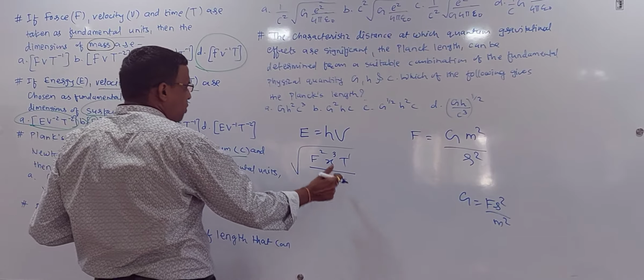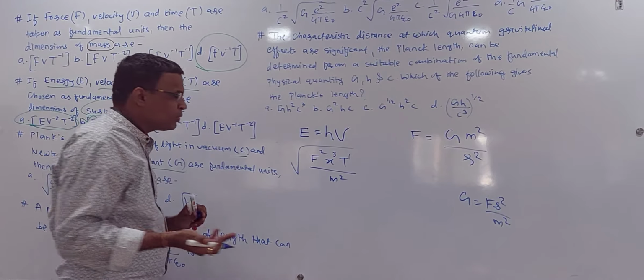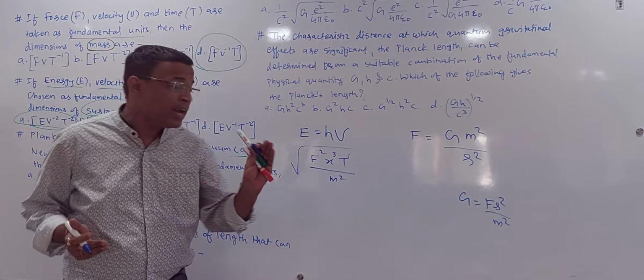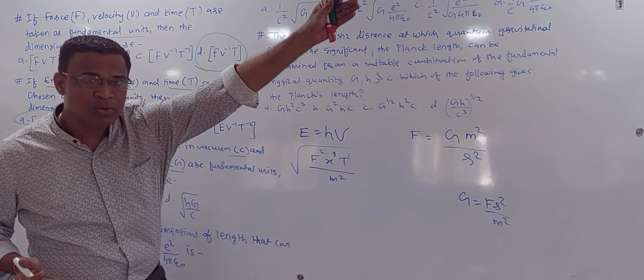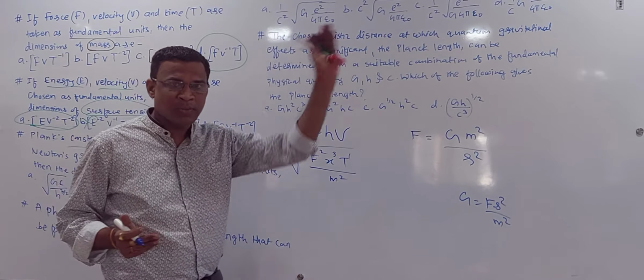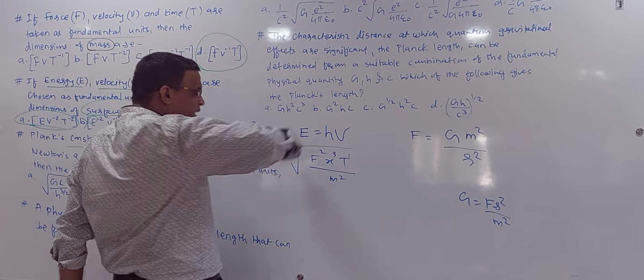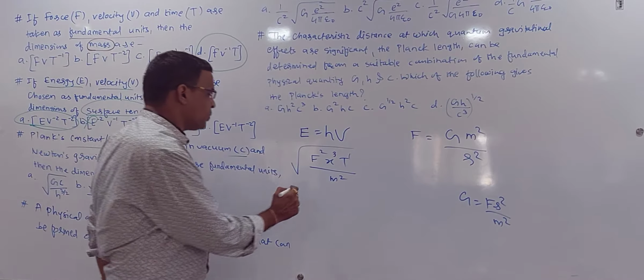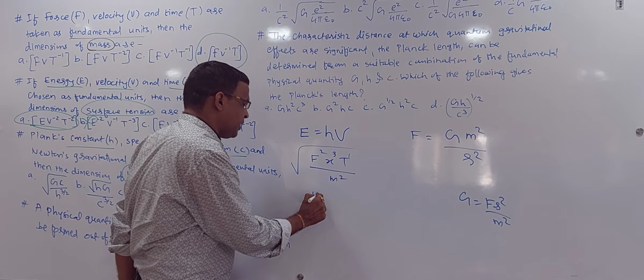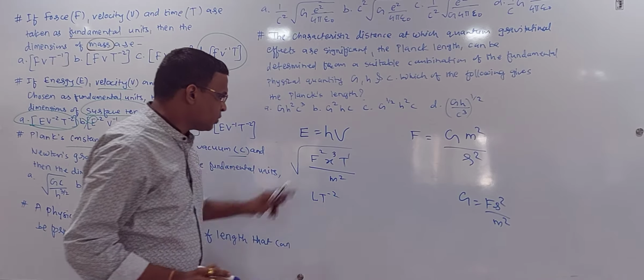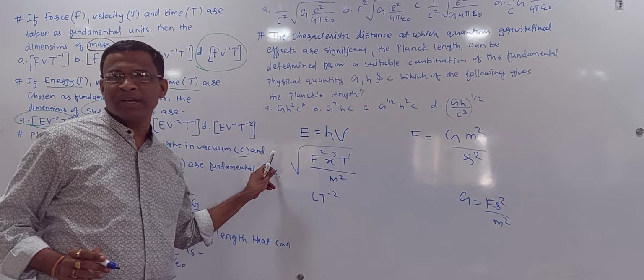So f square upon m square is acceleration. We know that. That is never been part of the solution which I was talking about in different channels. So f square upon m square, when I am pulling out of the under root side, it is simply acceleration. So that is LT minus 2, because under root outside square get cancelled.